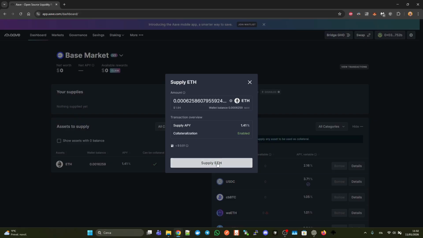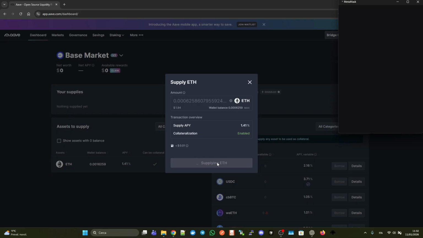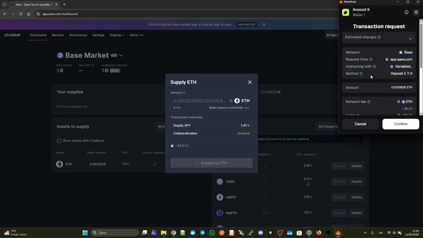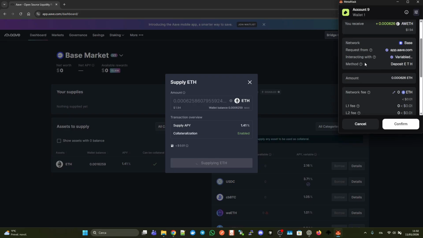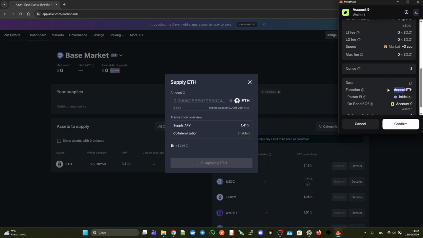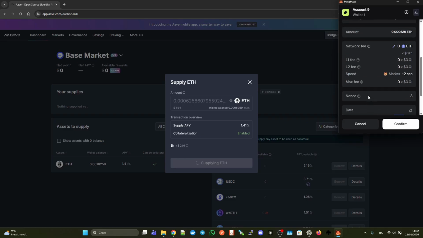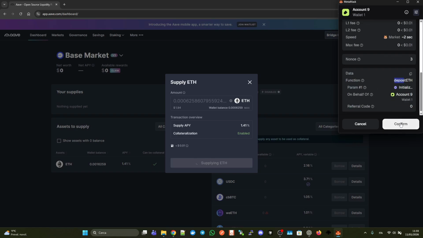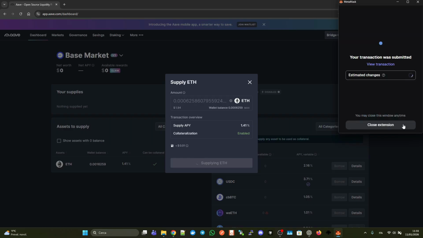Okay, let's supply this ETH. Let's see what happens. Okay, this is the transaction on the network Base. The method is deposit ETH. These are the parameters of the function that you are calling. Of course, the gas fee should be very, very low because we are on an L2, on Base. So I confirm.